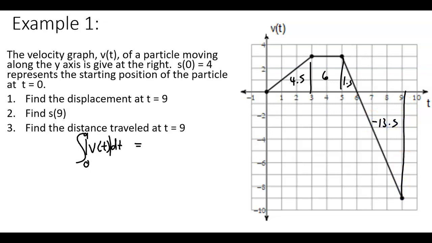But the difference is they're all going to be positive now, because what this means here is on this interval, the object moved up the y-axis by 4.5 spaces. And then on this interval, it moved 6 more spaces up the y-axis. And then on this interval, it moved 1.5 spaces up the y-axis. And then on this interval, it moved 13.5 down the y-axis.